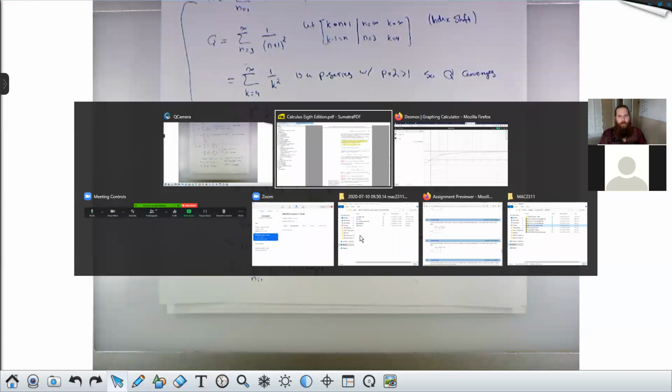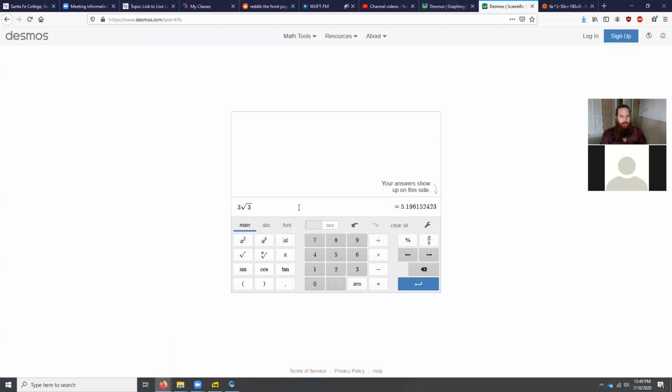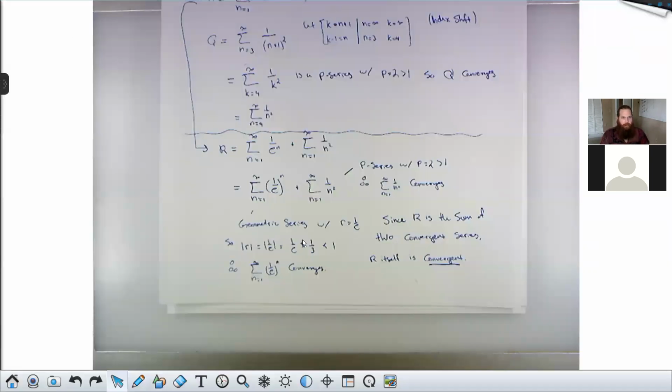I mean, I can give you a more exact approximation. Pretty close to 1/3, right? 1 over e is like 0.36. So 1 over e is the absolute value of the common ratio, and that is less than 1. Since the absolute value of the common ratio is less than 1, the series converges.